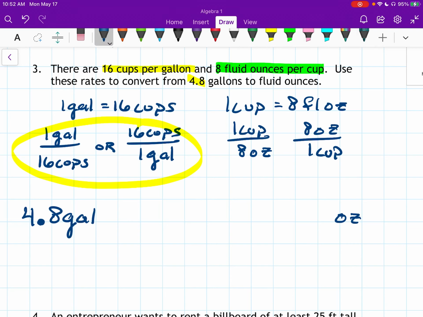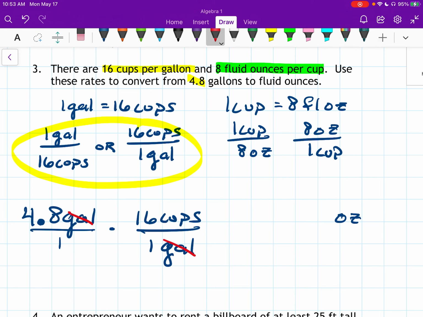Right now gallons are on top of a fraction, so I'm going to pick something where gallons are on bottom so that they cancel. So I'm going to pick 16 cups over 1 gallon. Now looky here, we've got 1 gallon and gallon, they cancel. And that's how a conversion factor works. It cancels out one of the units, and we're left with a different one.